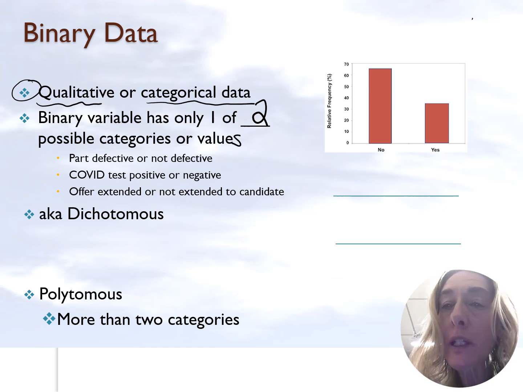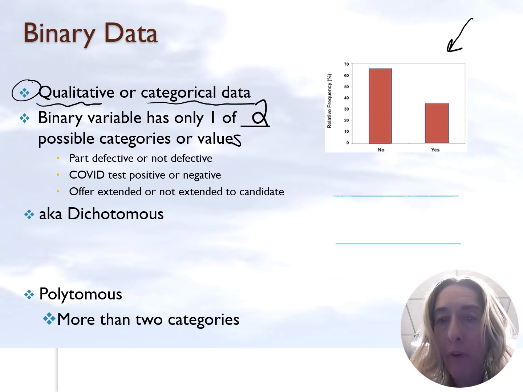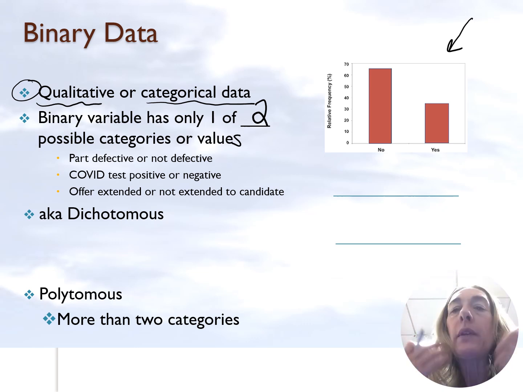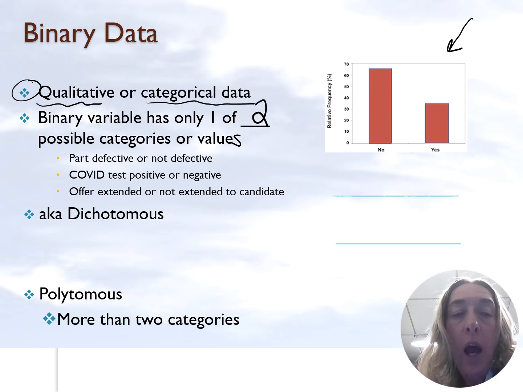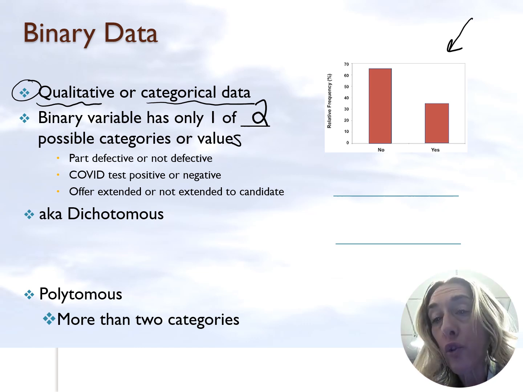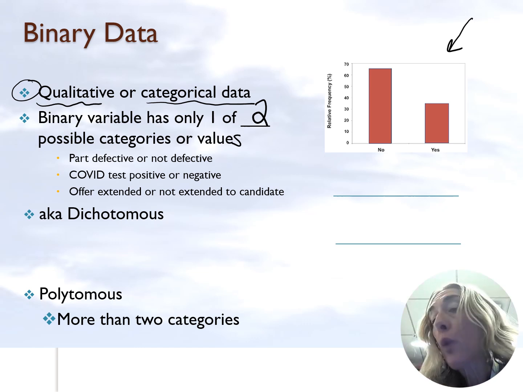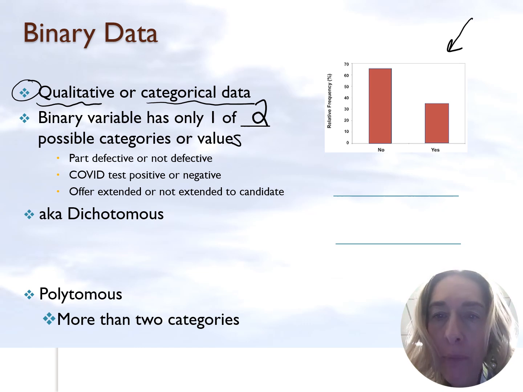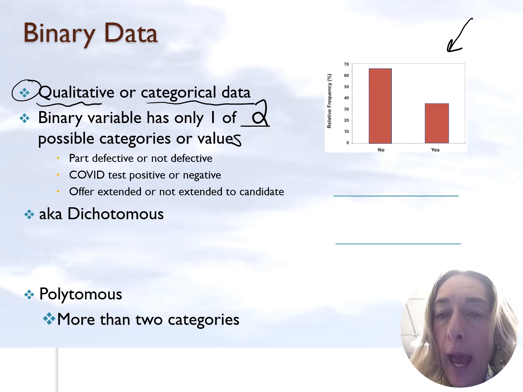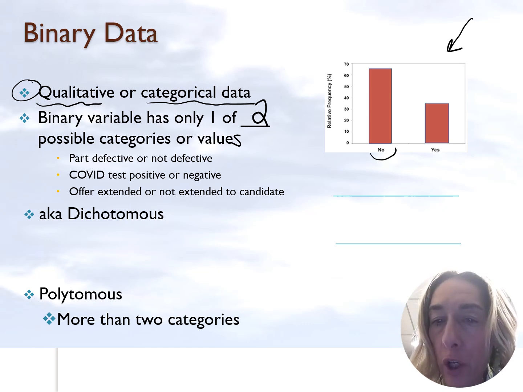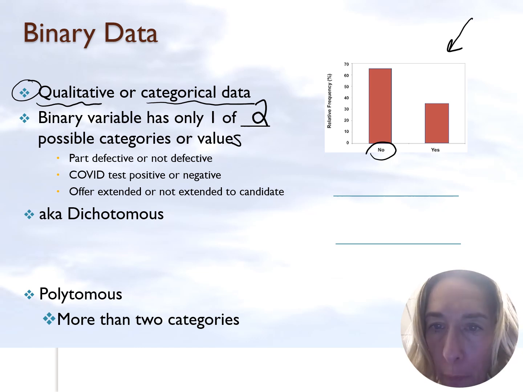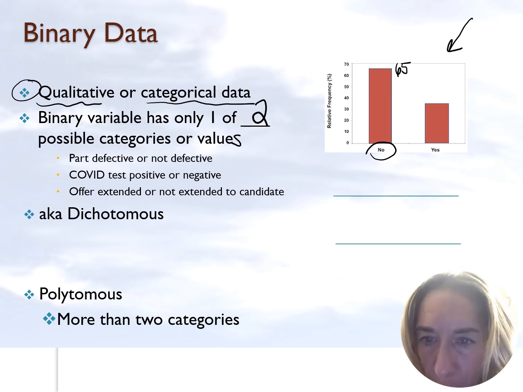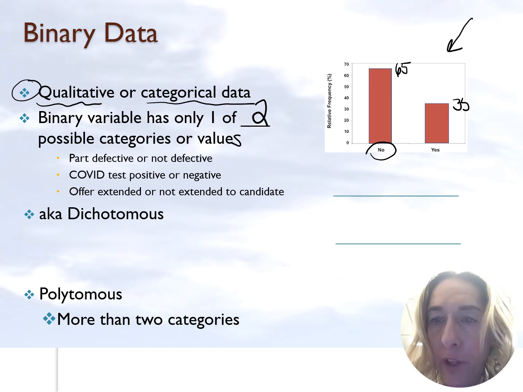Let's look at the bar graph on the right. Let's say this is the result of offers that have been extended or not to graduate school applicants. As you can see, more offers were not extended than extended, because it looks like there were about 65 offers that were not extended versus, say, around 35 that were.